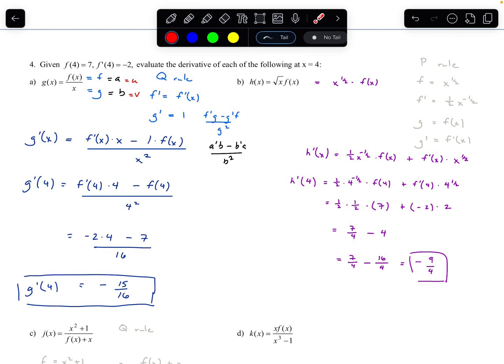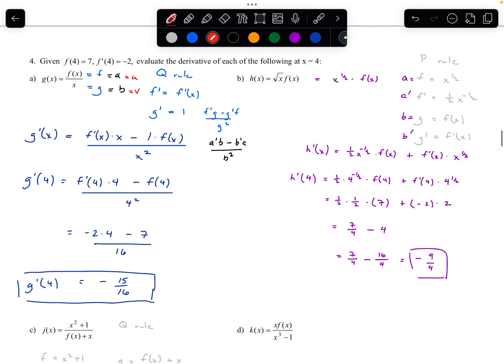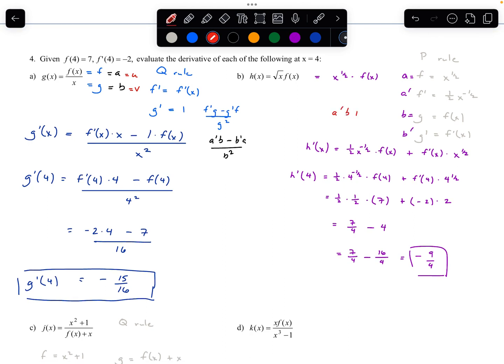If this bothers you, and it bothers some people, you could call this a, you could call this b, and call this a primed, and call this b primed, and then say the product rule is a prime b plus b primed a. I'm using f and g because that's what the textbook uses.